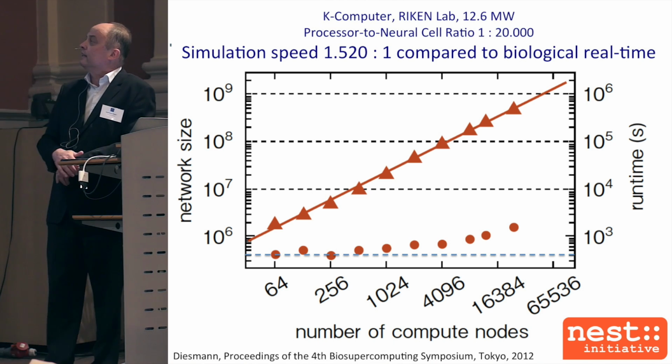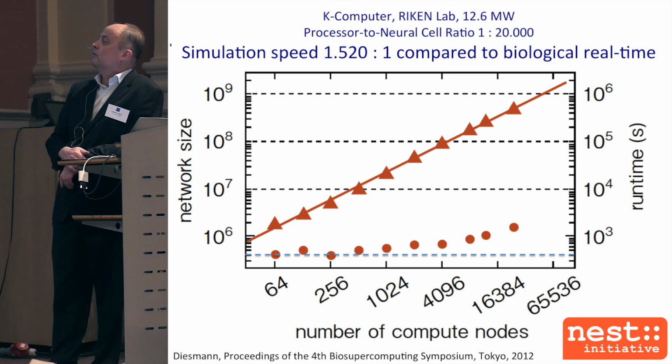What you see, the red dots at the bottom, they tell you the runtime, and that runtime should, in principle, in the case of weak scaling, be independent of the problem size, but you see it's not, and unfortunately it's even a log scale. But it's not so bad, actually. It's kind of flat, and the interesting thing, of course, at some point we have to look at the absolute numbers there.